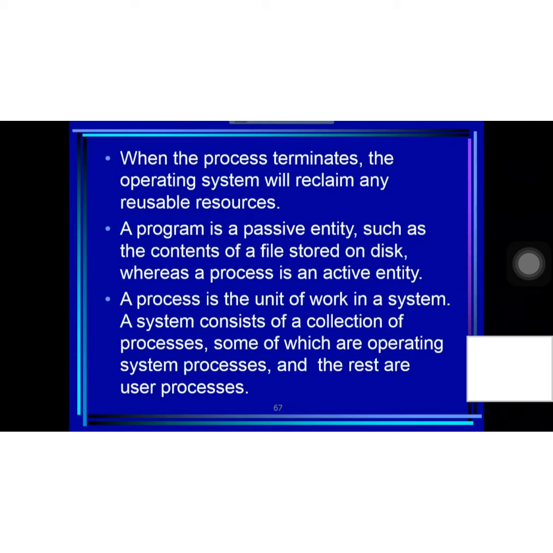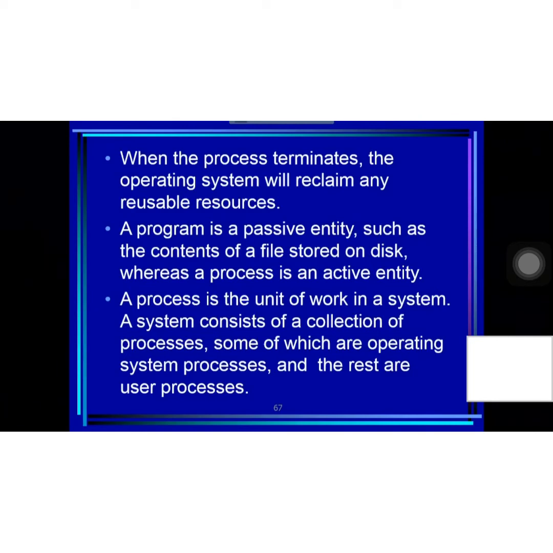The execution of such a process must be sequential. The CPU executes one instruction of the process after another until the process completes. Further, at any time, at most one instruction is executed on behalf of the process.